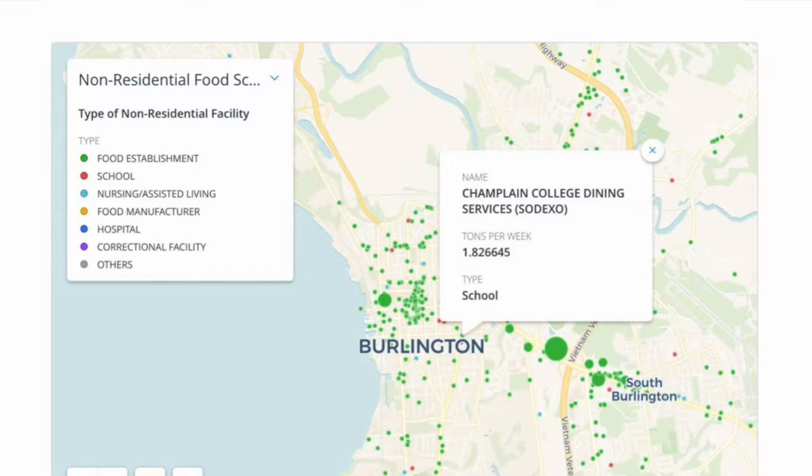So I was interested in doing a project on Vermont's compost economy because back in 2012 we passed this law called Act 148 that required that all businesses and households be composting all their food scraps by 2020. And this was something that was rolled out in a phased plan.